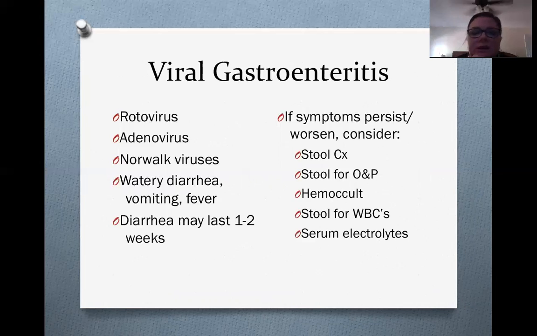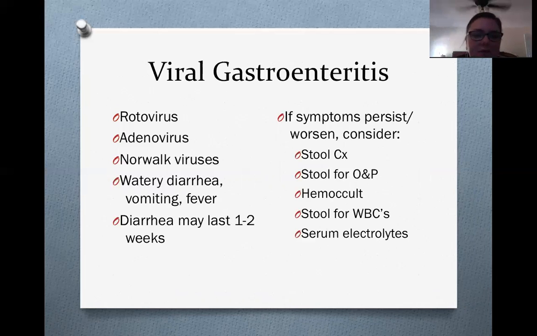So here are some common viral causes of gastroenteritis, and certainly we've heard of rotavirus. Now we have a vaccine for rotavirus that used to cause so many hospitalizations for infants and young children.